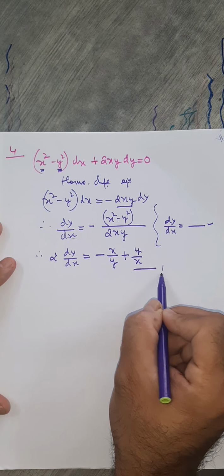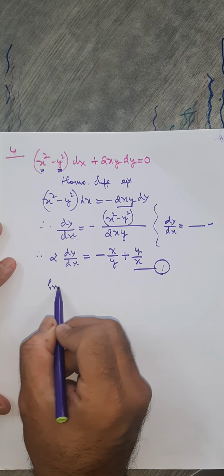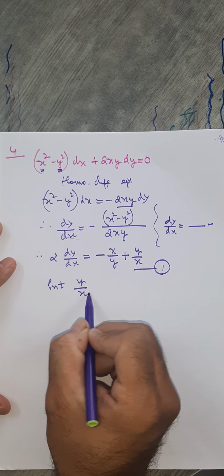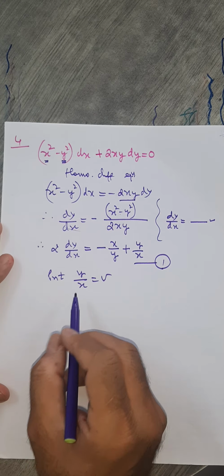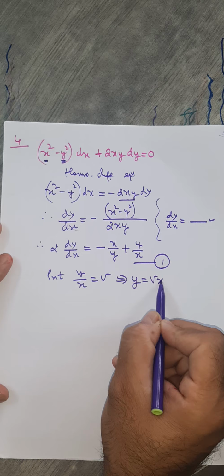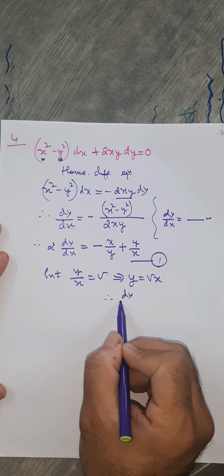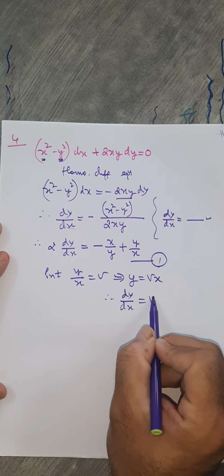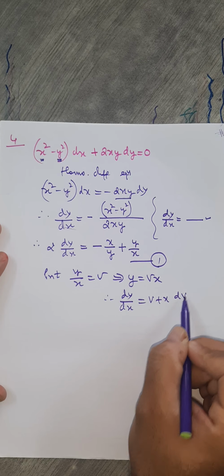Now call this as 1, and you know, put y by x equals to v substitution now. So it implies y equals to vx.